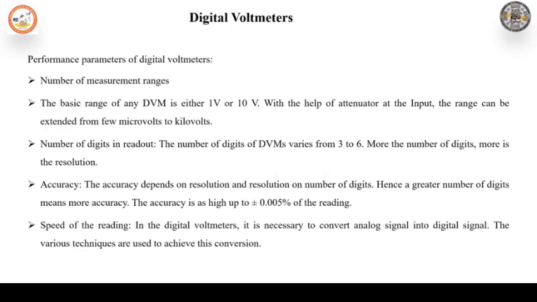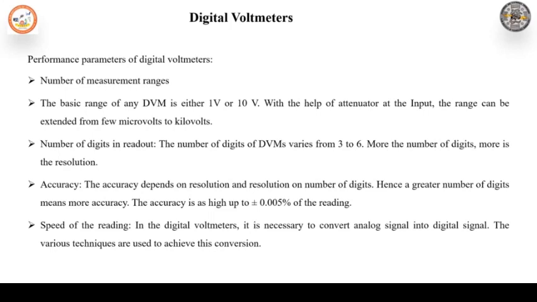With the help of an attenuator at the input, the range can be extended from a few microvolts to kilovolts. Secondly, the number of digits in the readout is the next performance parameter. Here, the number of digits of DVMs varies from 3 to 6.